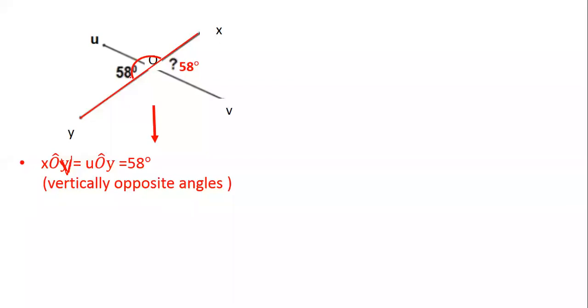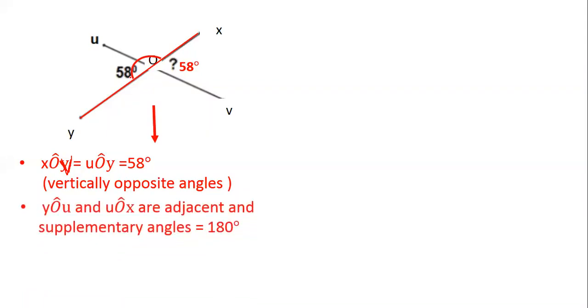Its measure is 180 degrees. So we can say that YOU and UOX are adjacent and supplementary angles. Their measure is 180 degrees. So what is the measure of UOX? UOX is equal to 180 minus 58, which gives me 122 degrees.